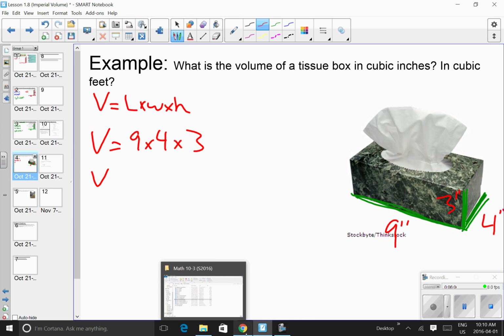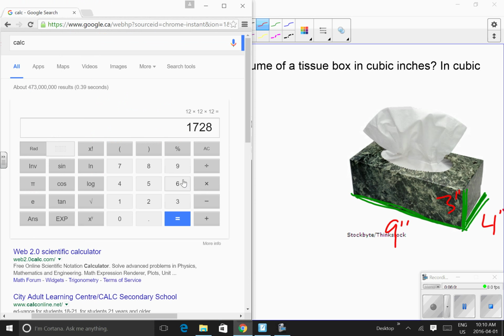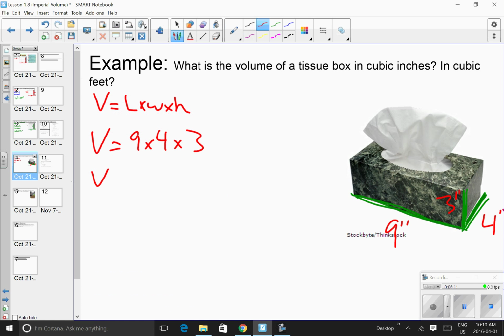So let's just punch that in real quick. 9 times 4 times 3, 108. So my volume is 108. But since all of these measurements were in inches, this answer is in inches cubed. So that's the first part of my question. In cubic inches. Done.